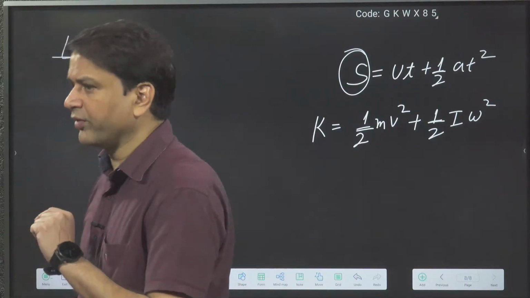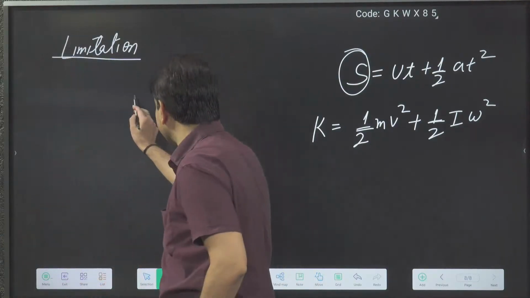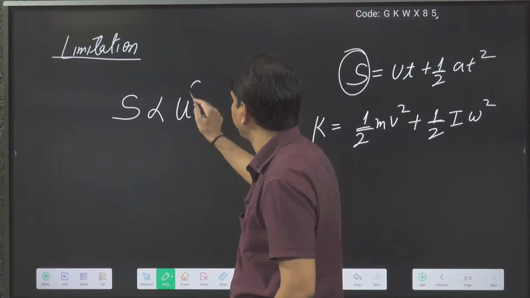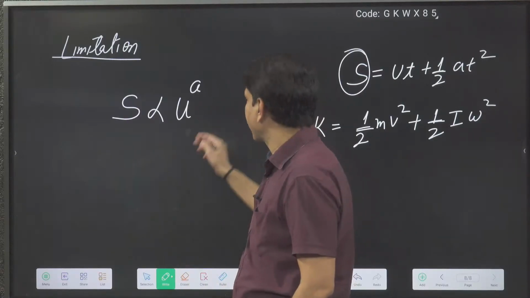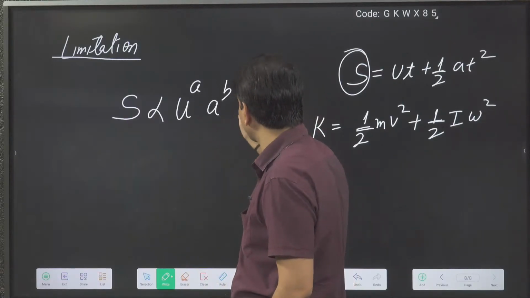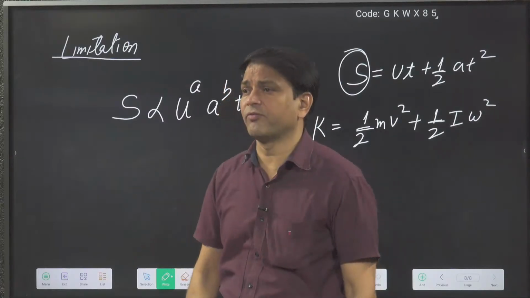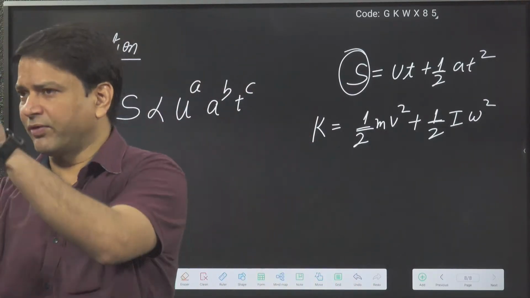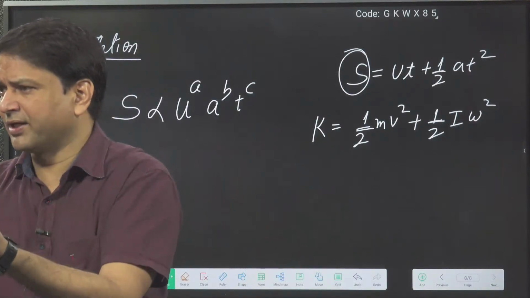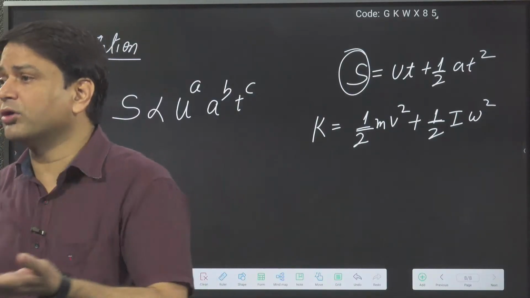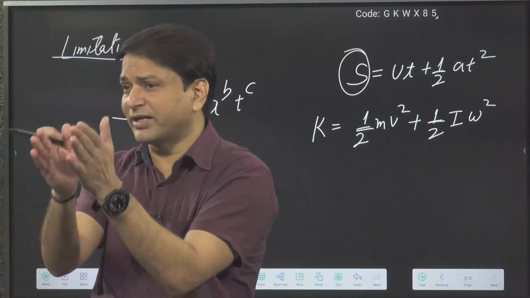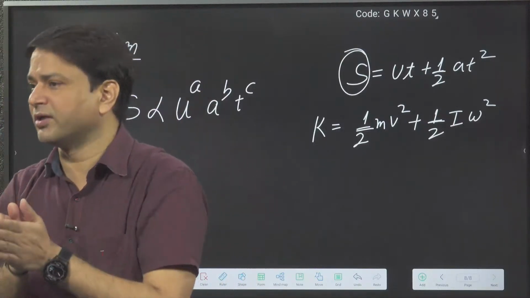Okay, so what will we do? S depends upon initial velocity u to the power a, acceleration to the power b, time to the power c. Like this only we will do. So what will happen? Maybe some quantity will come in the product, some in the denominator. But how do we know that in the actual formula a plus sign is there, a minus sign is there? How will I get the plus sign and minus sign in between?